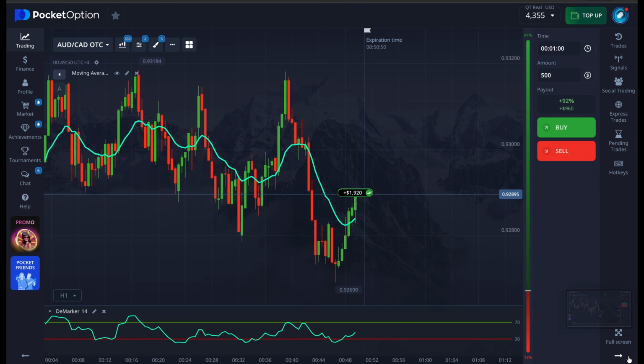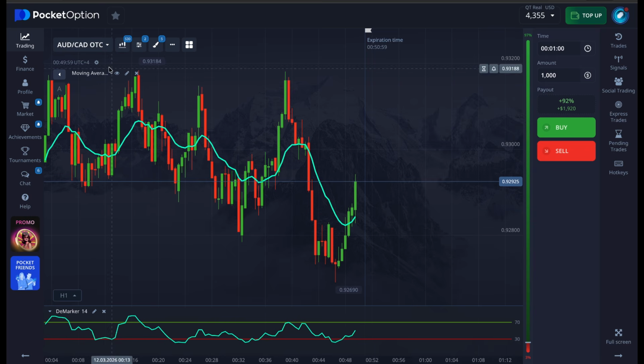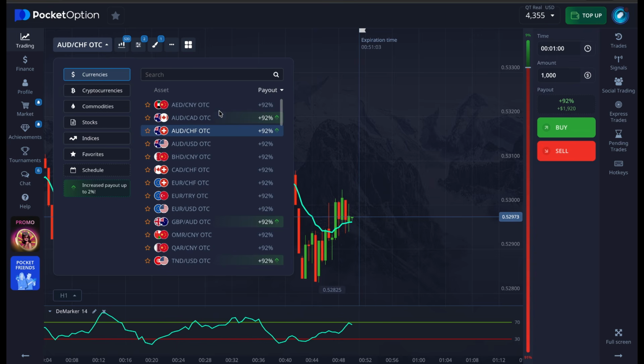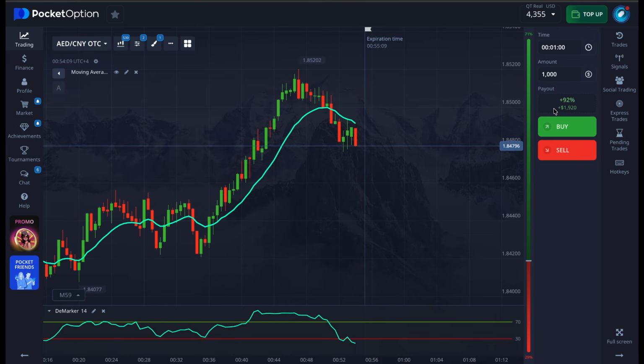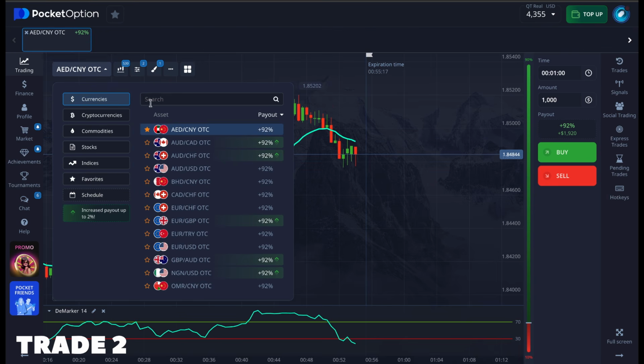Now, first trade is an incredible win. However, I could bet again on the same trade, but I would like to keep my investments on some other trades, and I would also give you a reason once I do that. So I will keep a mark right here.